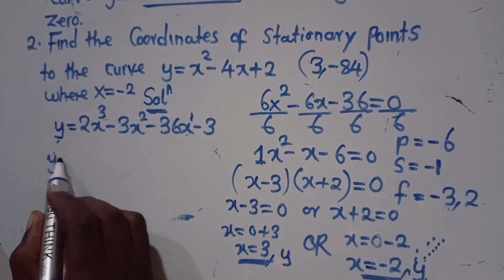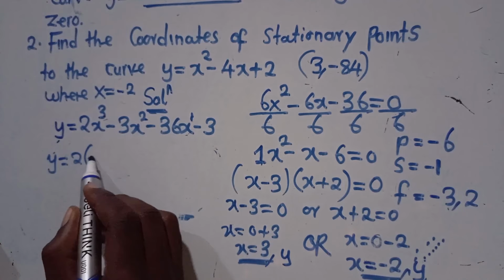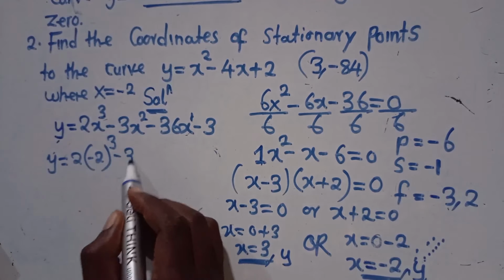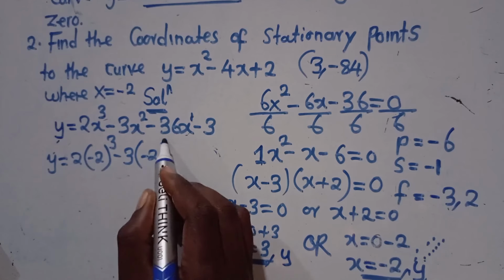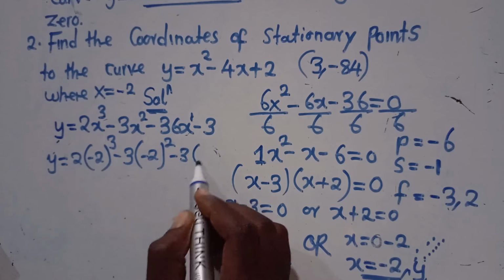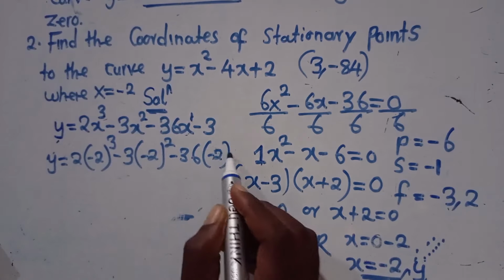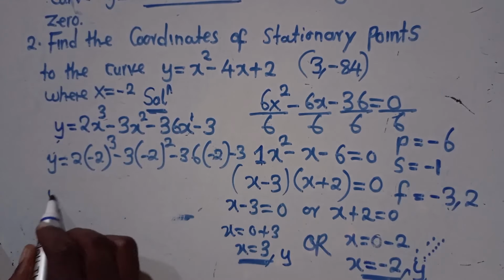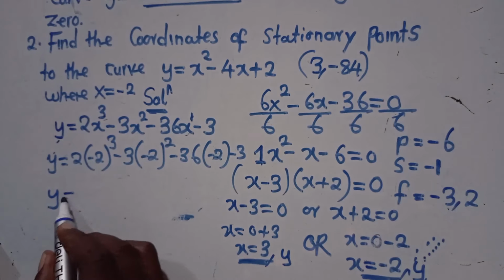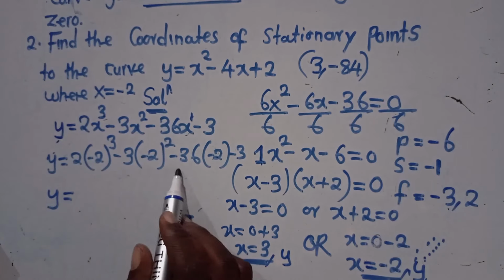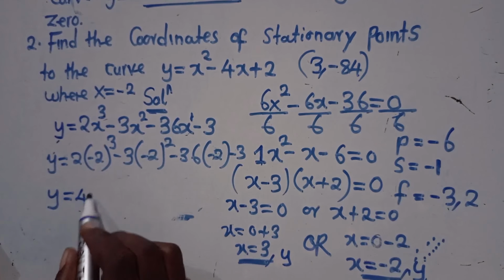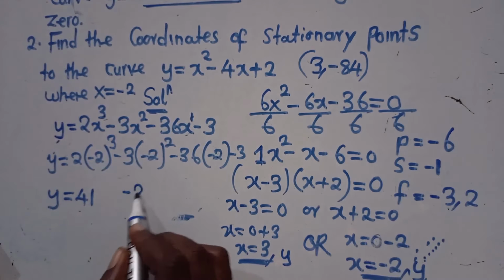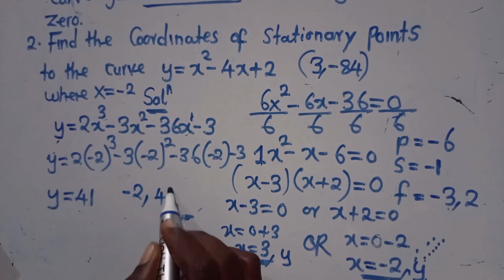Where there is x, I put negative 2. 2 multiplied by negative 2 cubed, minus 3 multiplied by negative 2 squared, minus 36 multiplied by negative 2 minus 3. To save time, I've gone through these questions. When you punch this on the calculator, the answer that you are going to get will be 41. Which means that the coordinate is negative 2, 41.